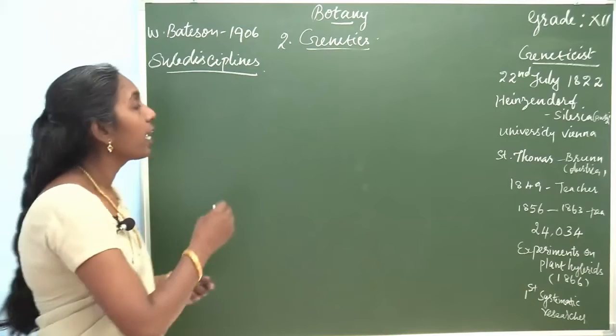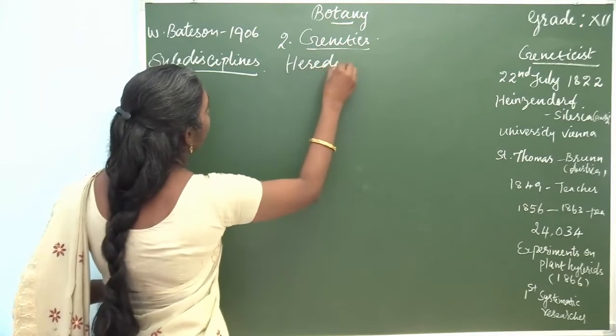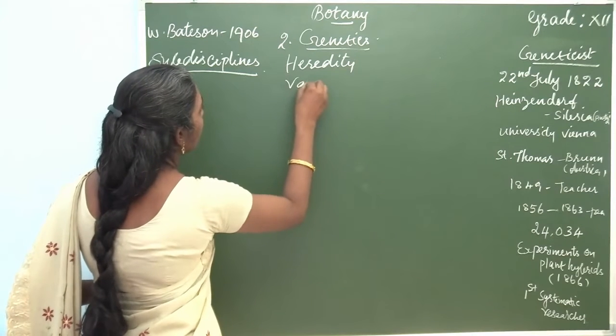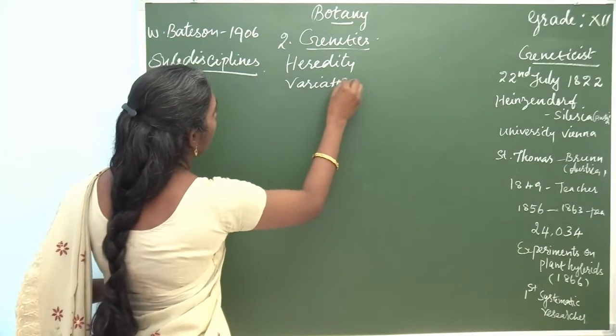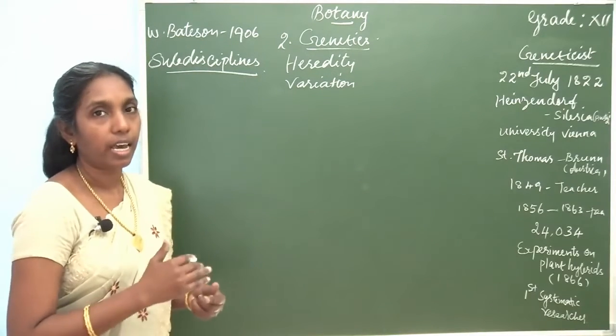There are two words, heredity and variation. Genetics is the study of heredity and variation.